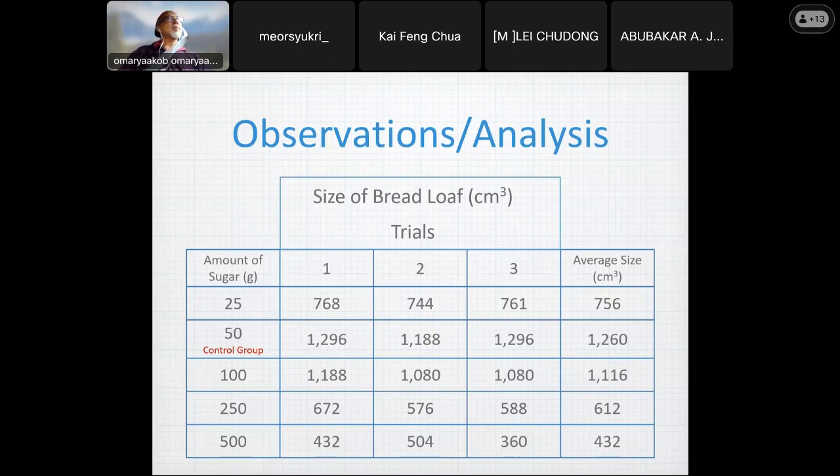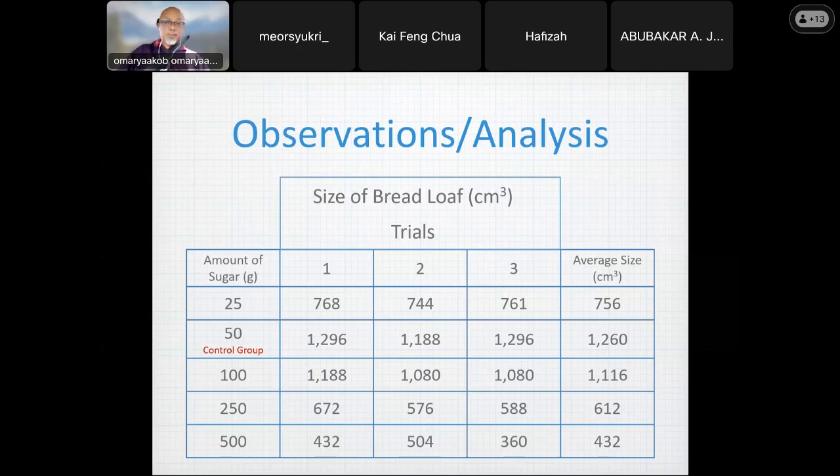My observation is the size of the loaf increases until it reaches the control group. But then, if the grandma added more sugar, the size of the loaf decreases.